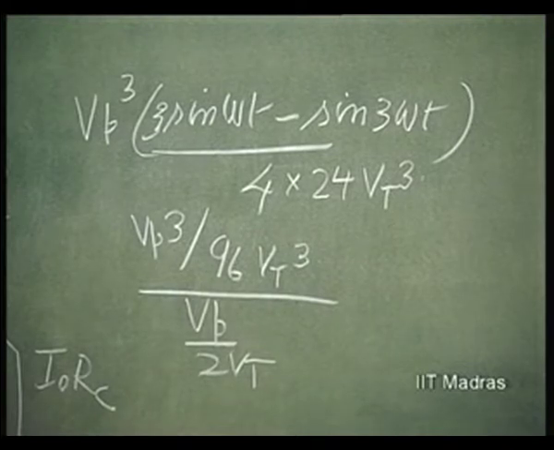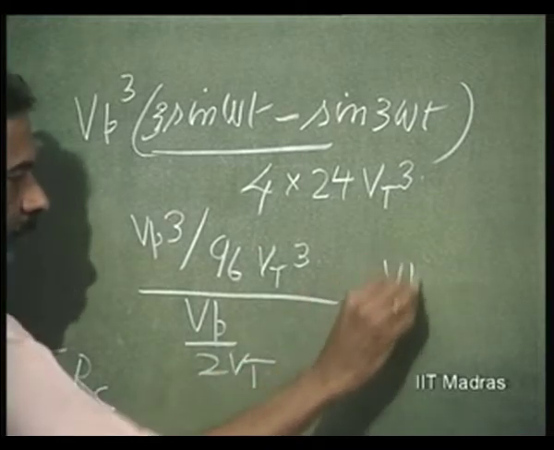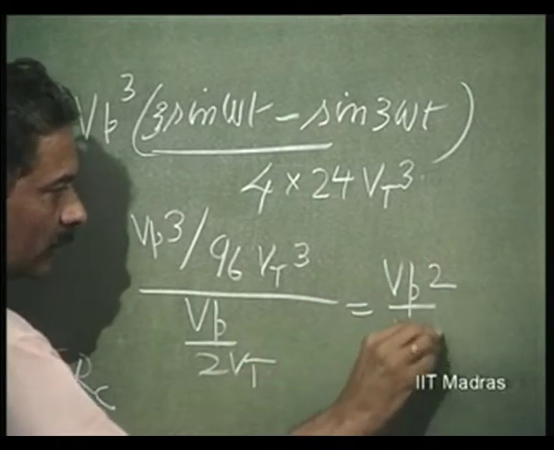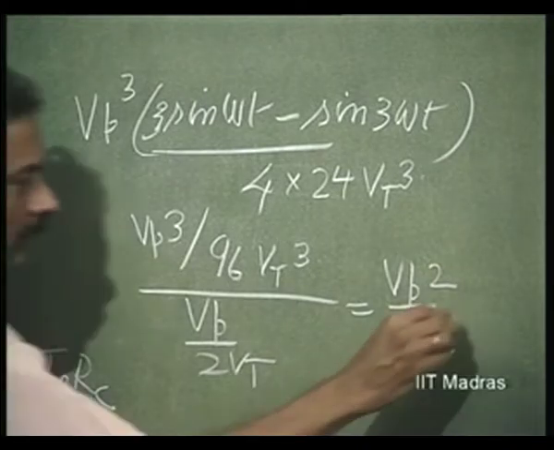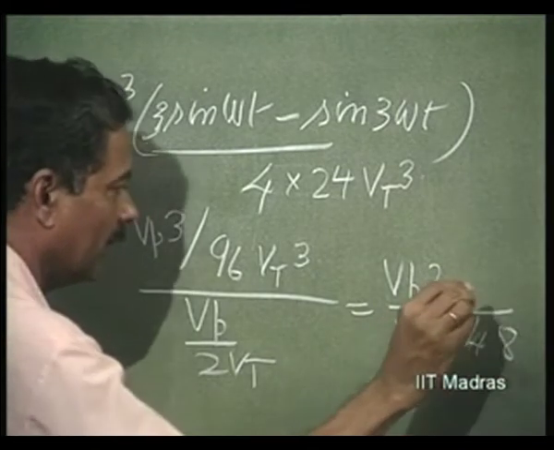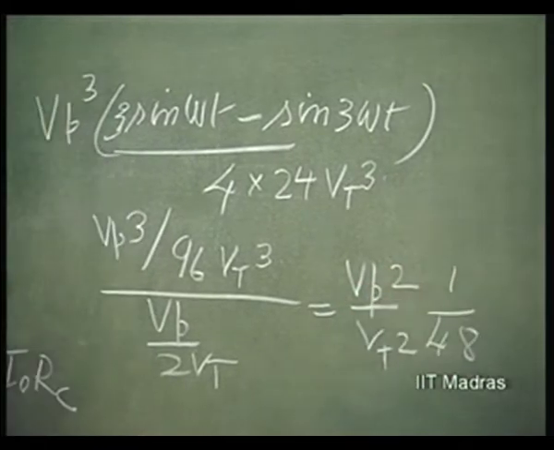So, we have this equal to Vp squared by Vt squared into 48, correct.